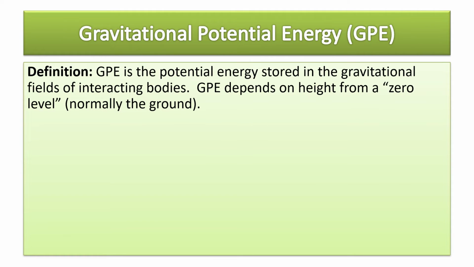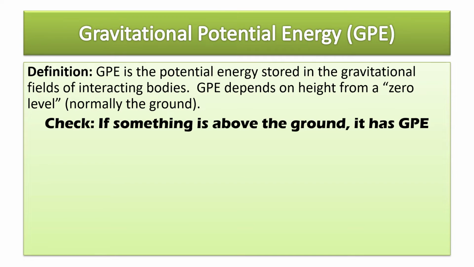GPE depends on height from a zero level, which normally you make the ground. Depends on what your analysis is. So here's the check. If something is above the ground, it has gravitational potential energy. If something's hanging out in the air or above the ground, if it was on the cliff and it's going to fall down, then it's above the ground, and you could say that it has gravitational potential energy.